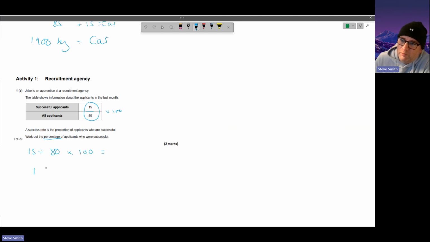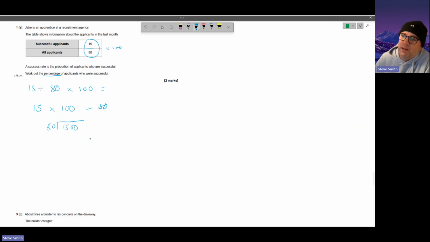So I'm going to go 15 times by 100 divided by 80. So I've just rearranged that to make it a dividing number. Now I've got 1500 divided by 80. I can see that number quite clearly.